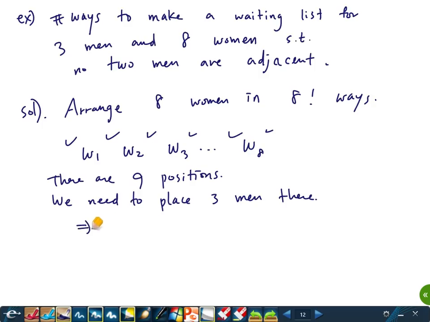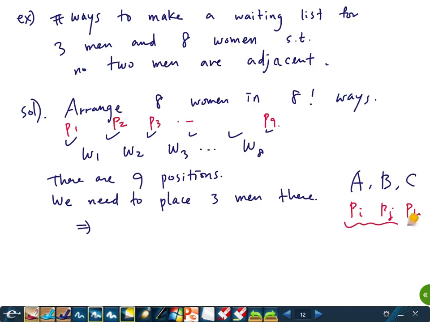Let's name these positions: P1, the first position, the second position, etc., 9 like that. And we have three men, say A, B, C. We need to assign a position for A, a position for B, a position for C. That means this is going to be pi, this is going to be pj, this is going to be pk for different i, j, k.